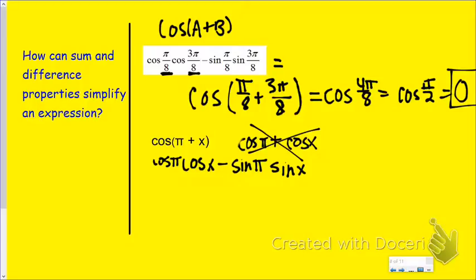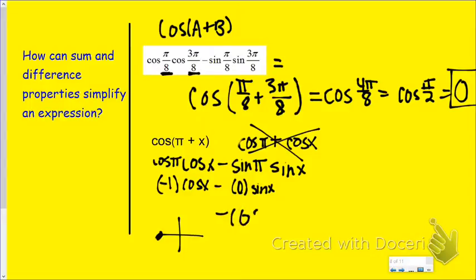Then I can even evaluate this further by finding those exact values. Pi is this angle over here. The x-coordinate is -1. So I can replace cosine pi with -1. The sine of pi, the y-coordinate there is 0. And 0 times anything is 0. So all I'm left with is a negative cosine x.